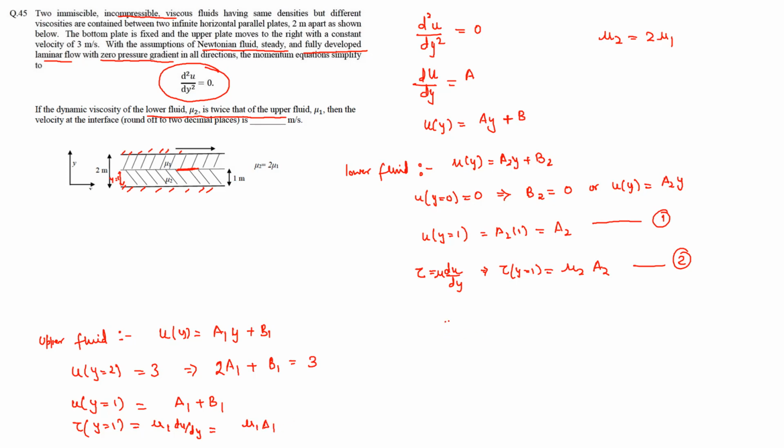Let's call this 3 and this 4, and we can use from 2 and 4 that the shear stress at the interface has to be the same, and that will mean that mu2 a2 is equal to mu1 a1.